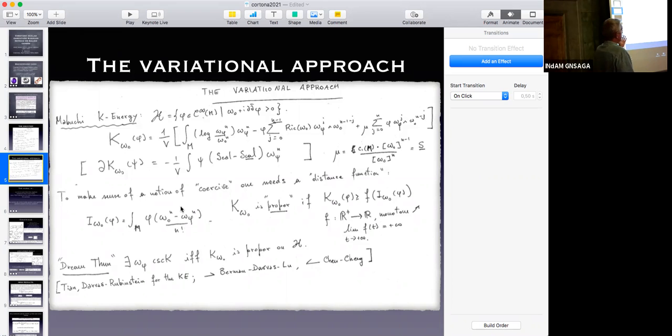It means what an analyst would call coercive: once you give me a reasonable distance function, what you are asking is that the functional grows more than the distance, as some function which goes to infinity.